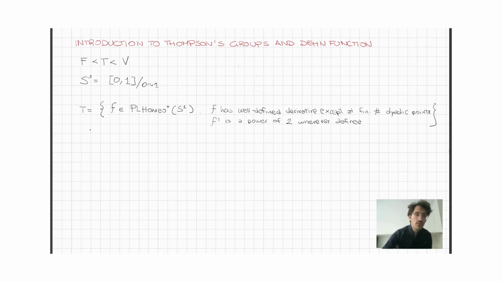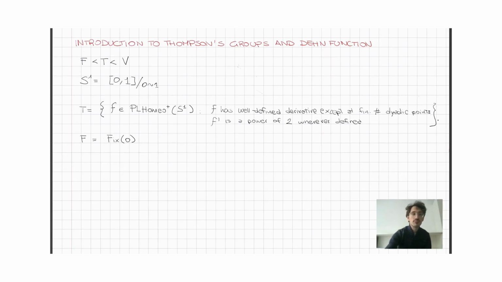And in this definition, it is quite easy to see how F is a subgroup of T, because F can be defined as the subgroup of T that fixes the point 0 or point 1, which are identified. So it's the same as T, but here instead of S1 we just have the interval, basically.